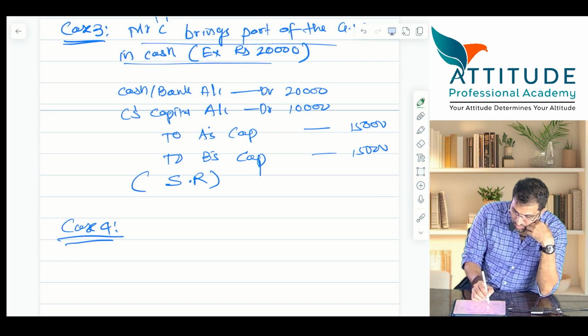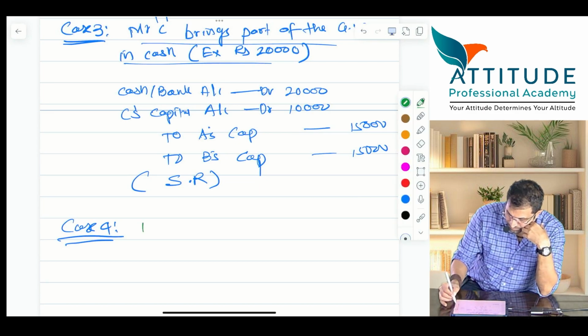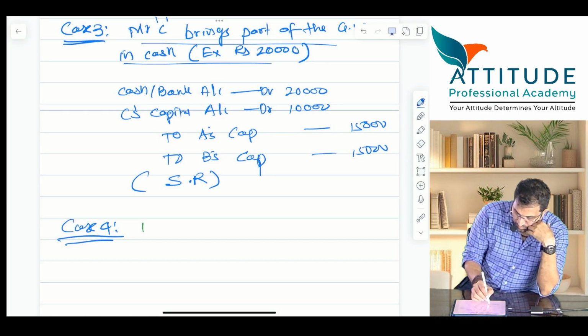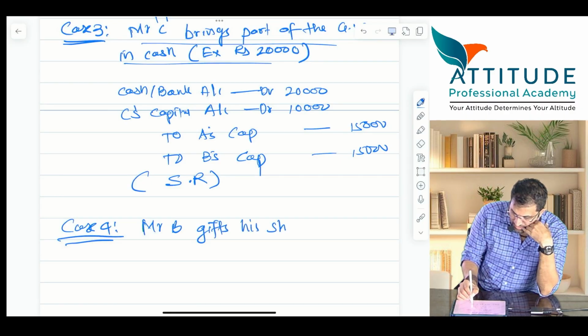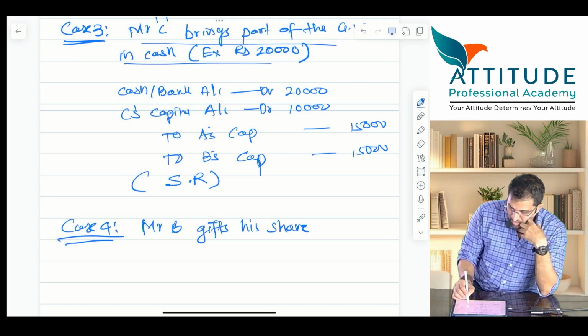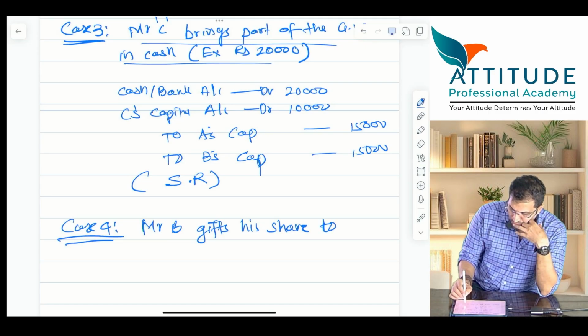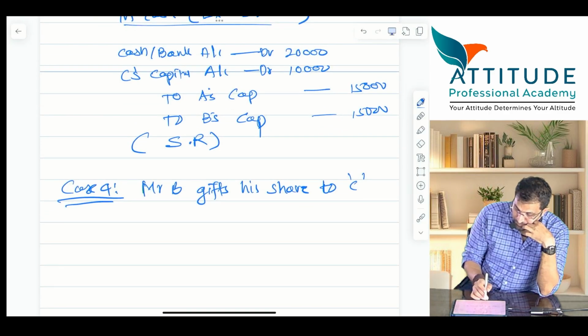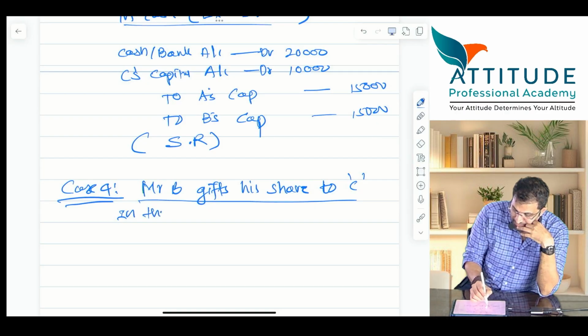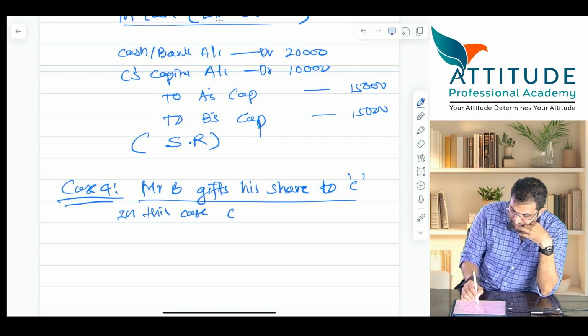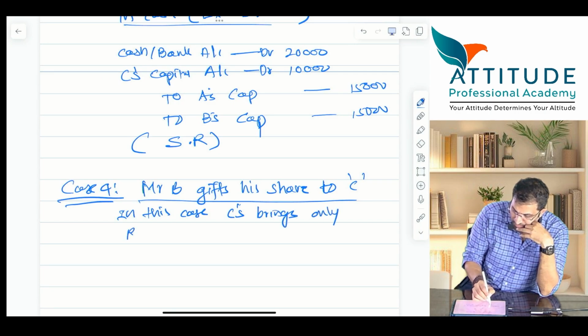Case 4. Mr. B gifts his share to C. In this case, tell me, C brings only rupees, how much? 15,000.